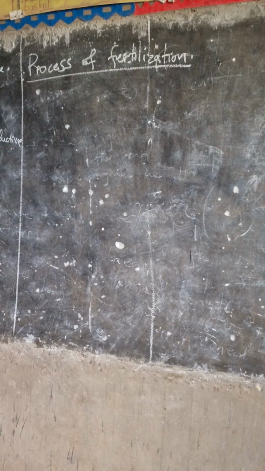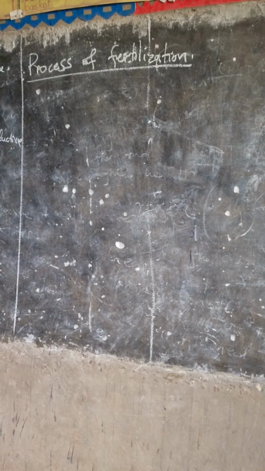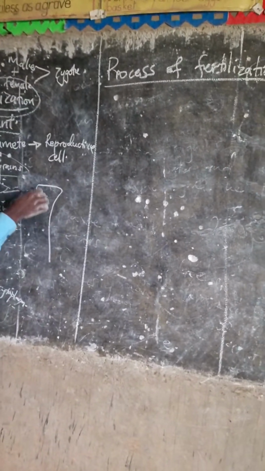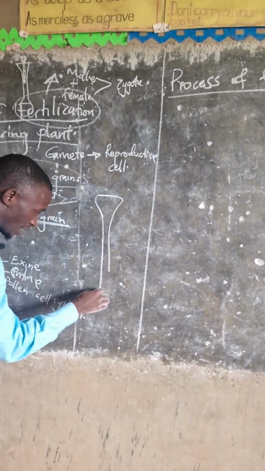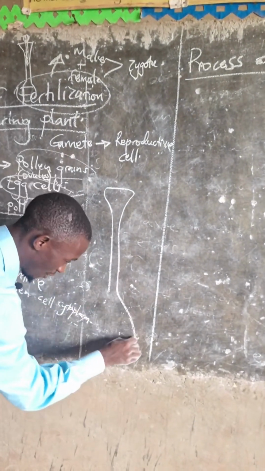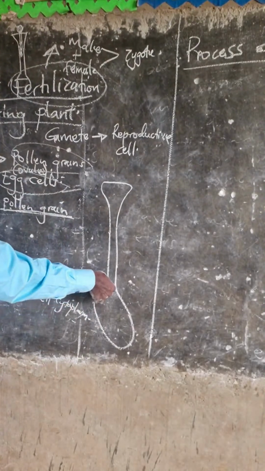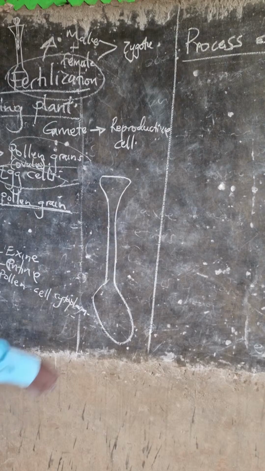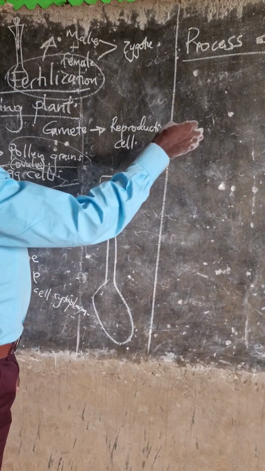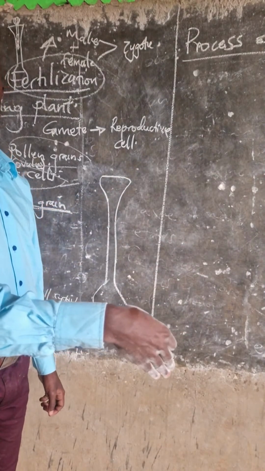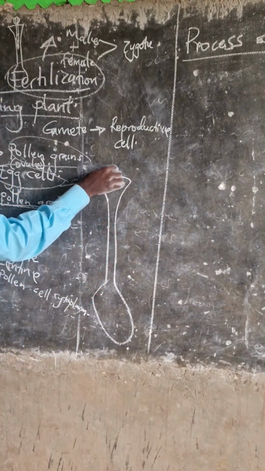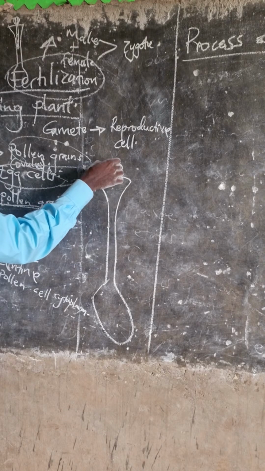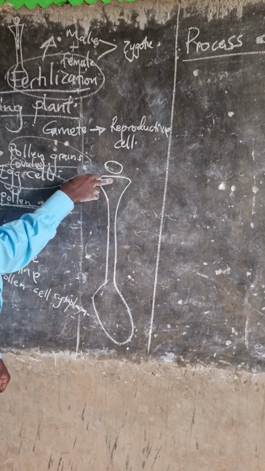If we remember very well, the carpel, or the female reproductive part of the flower, is made up of the stigma and the style that supports the stigma, and then the ovary down, in which the ovules are formed. The process of fertilization starts with a mature pollen grain landing onto a late and mature stigma.